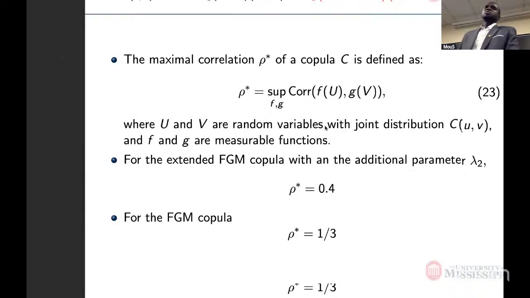And for the extended FGM copula, the maximal correlation coefficient is 0.4, and for the classical one it is 1/3. So we see that the rho star for the extended FGM is slightly greater than rho star for the normal FGM copula, which means it can capture more dependent structure in the data. So wherever we can use the FGM, we can use this one and it will do a better job. And we will show it in an example.